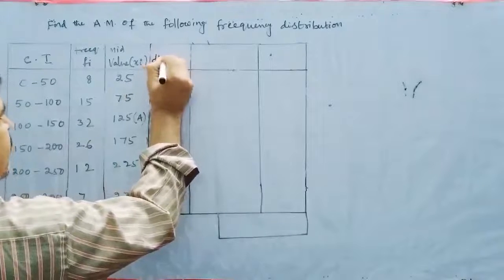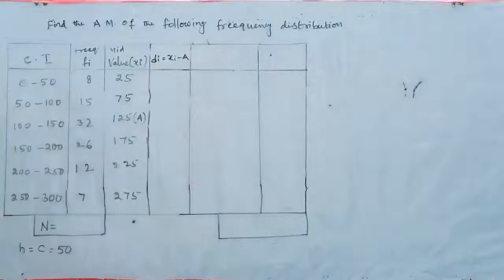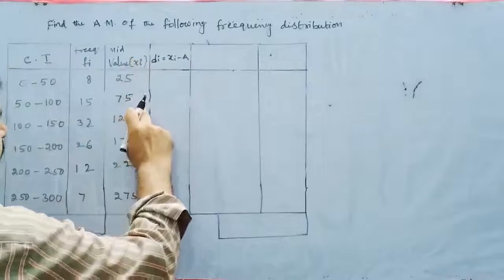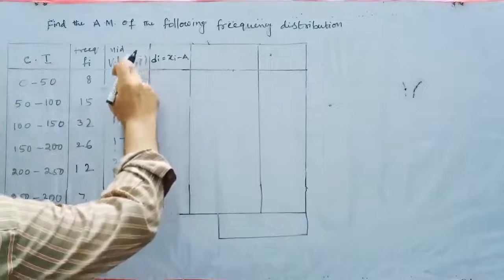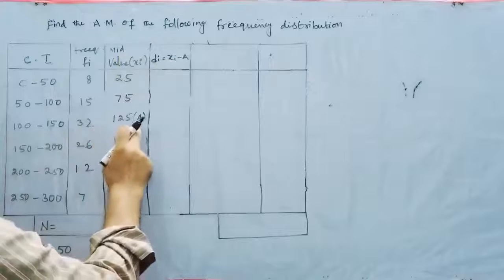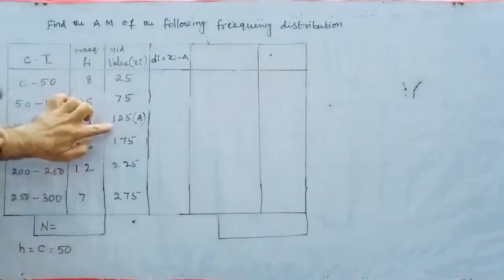di is equal to xi minus a. Xi is the mid values and a is the assumed mean. I took a is equal to 125.